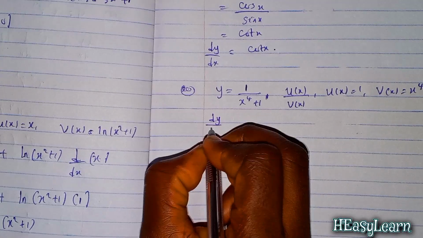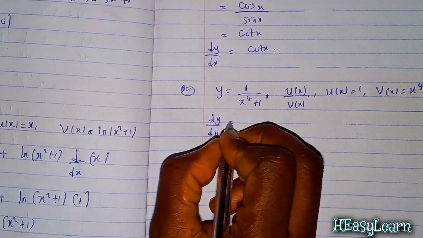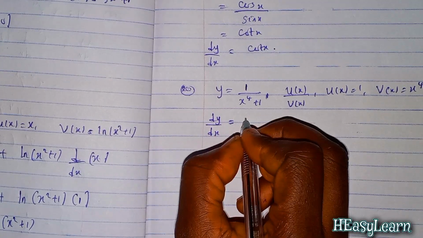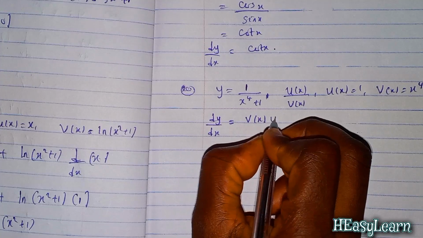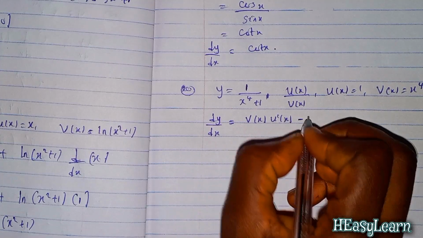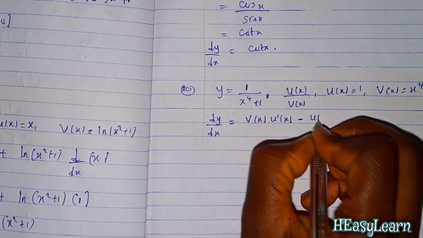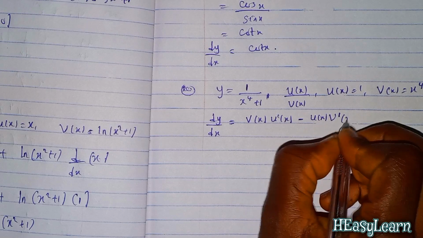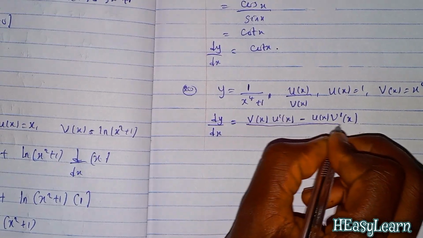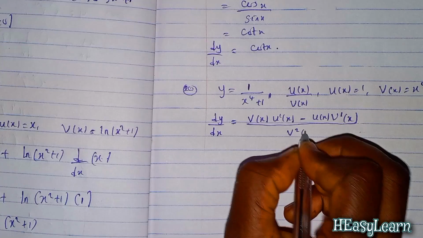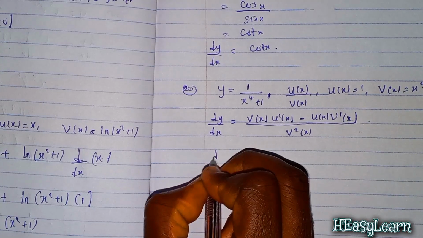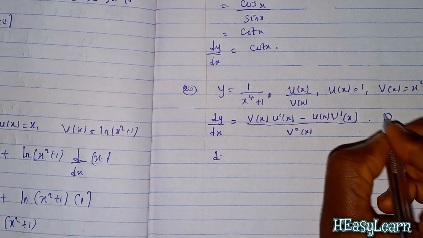By the quotient rule: keep the denominator, differentiate the numerator, minus keep the numerator and differentiate the denominator, over the square of the denominator. So this is by what? Quotient rule.